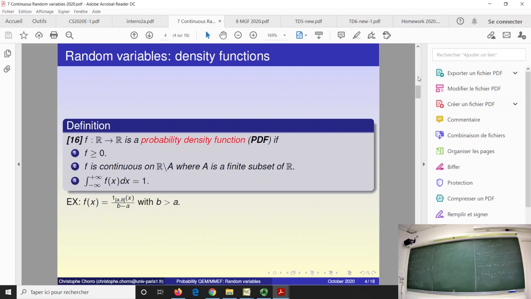Let me repeat that. For x negative, I am always 0, so I am continuous. For x strictly positive, I have this expression involving just mappings that are continuous on R plus star. Exponential is continuous everywhere, and this one, maybe it is not continuous at 0, but it's not what interests me.